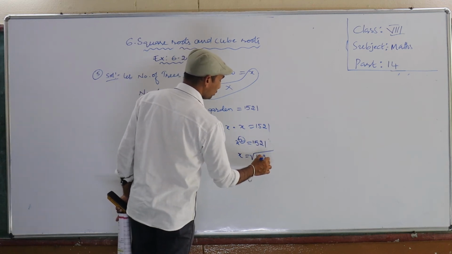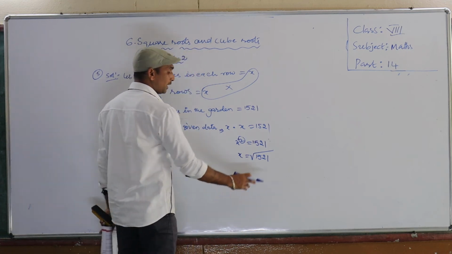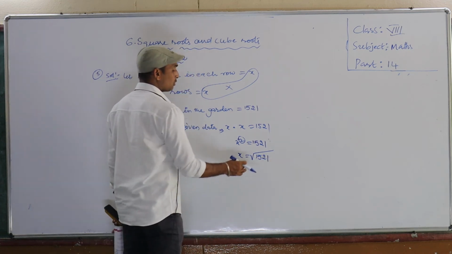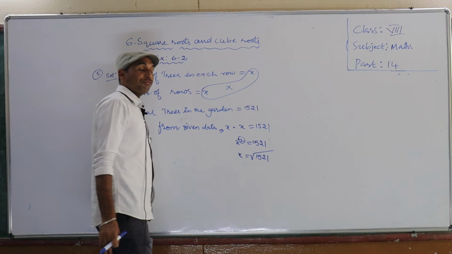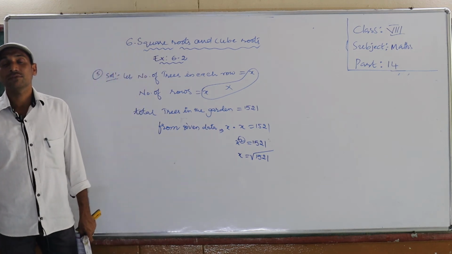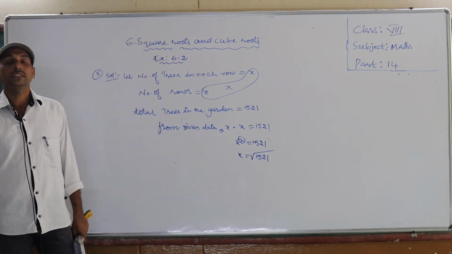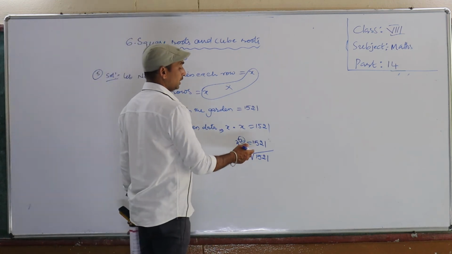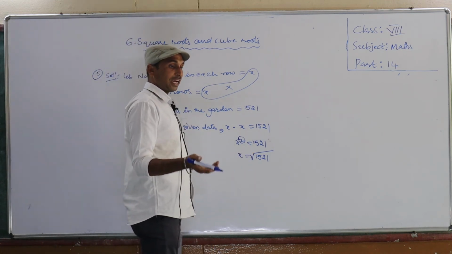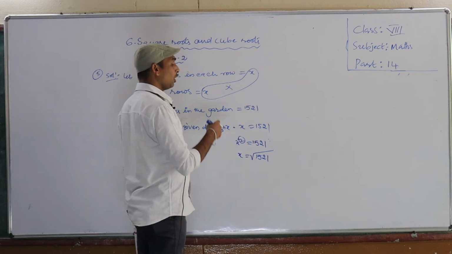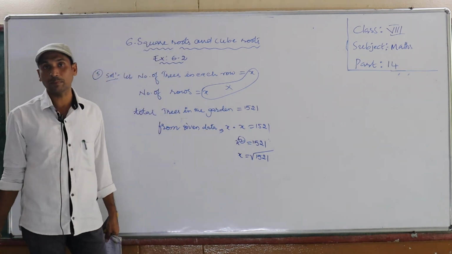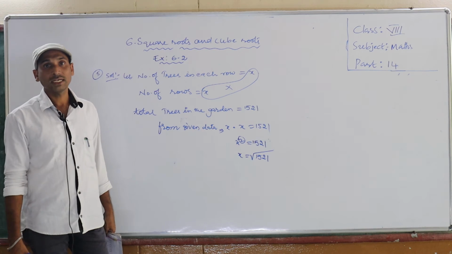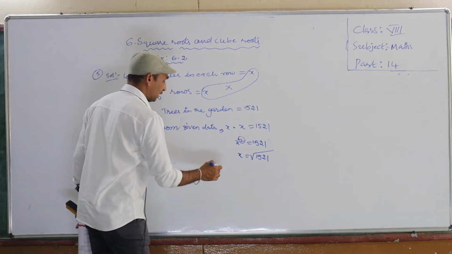So x equals the square root of 1521. As we know, by the prime factors method, or if you know it directly you can write it, no problem. But I am explaining one.